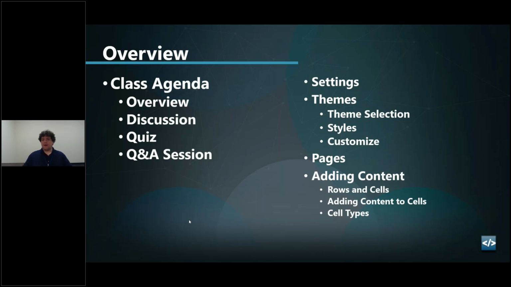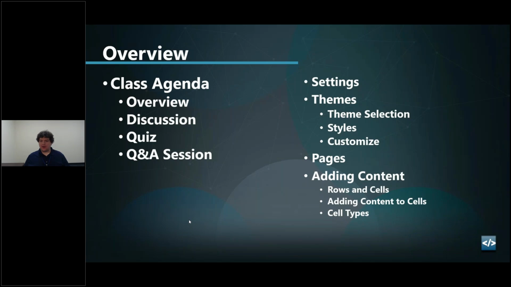As far as what we're going to be covering today inside of Church360 Unite, we're going to be going through our settings menu, just covering some of the basic settings, what they mean, and how you can utilize those. We're also going to be talking about the themes section, how we can customize the look and feel of our church website. So a lot of different options there. We're going to be looking at pages here as well, the pages menu, setting up that navigation on your site, adding in different kinds of pages.